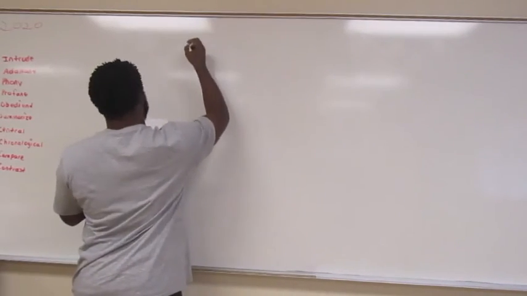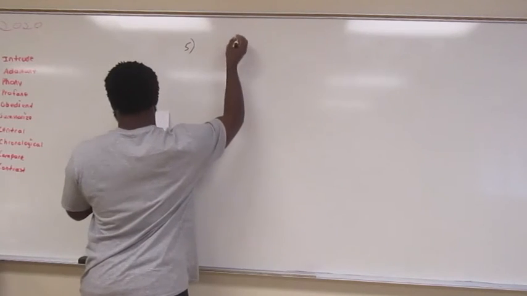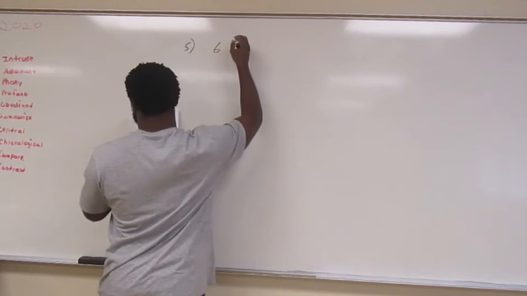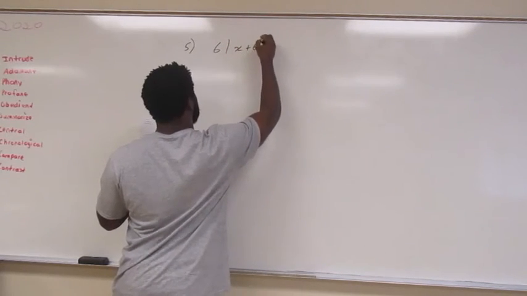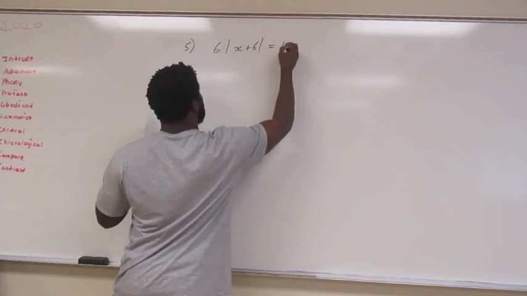Number 5. You have 6 times the absolute value of x plus 6 equal to 12.